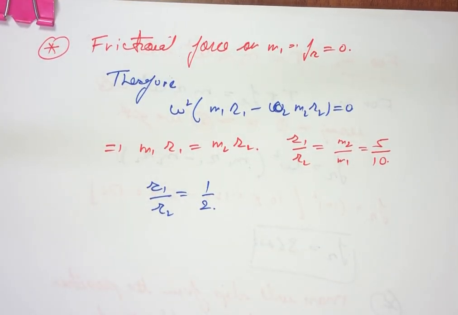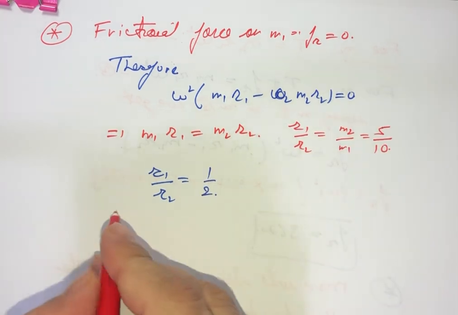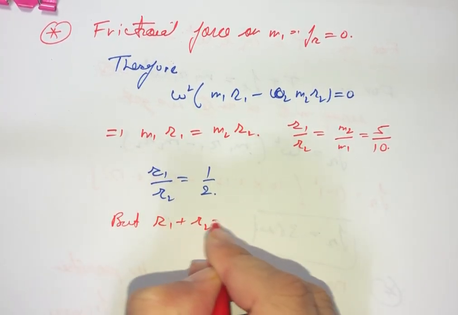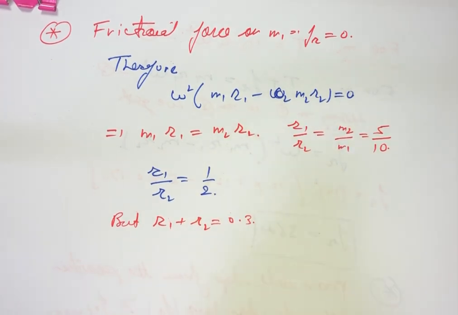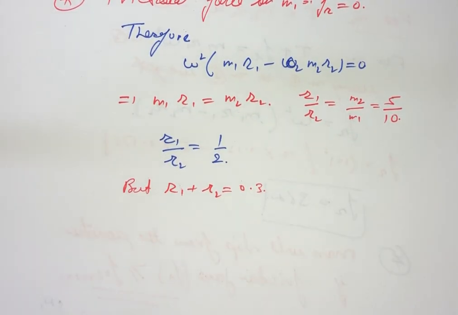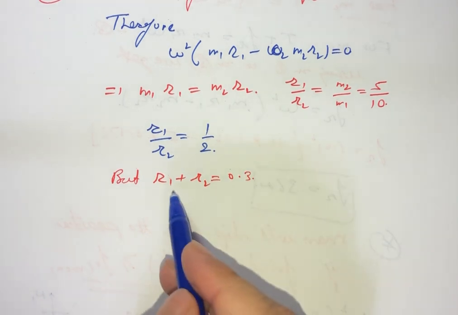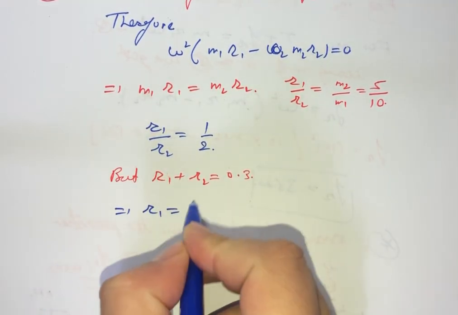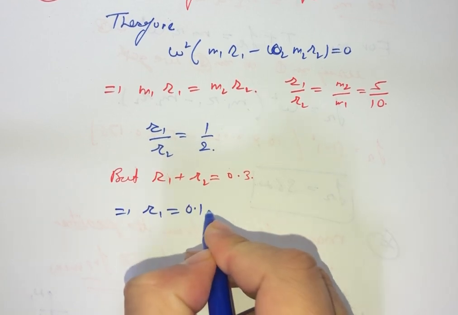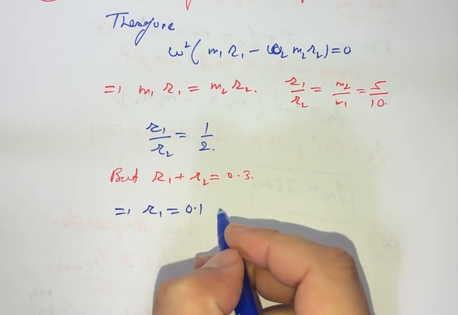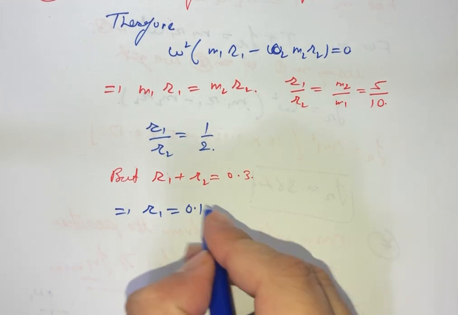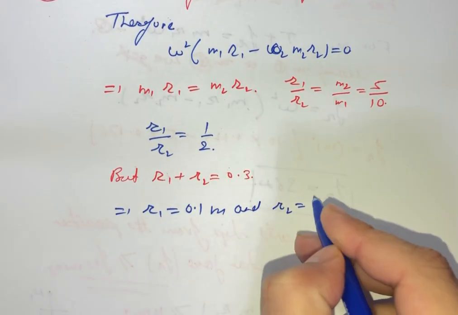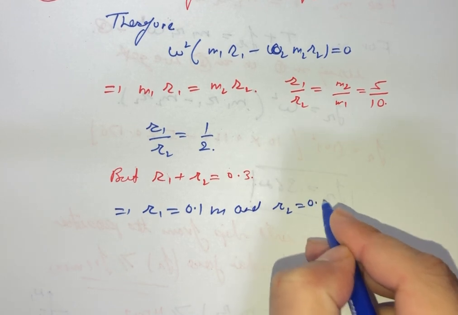And it is also given that r1 plus r2 is equal to 0.3. Now we can calculate the respective values of r1 and r2. So from here we can say that r1 will be equal to 0.1 meters, and r2 will be coming as 0.2 meters.